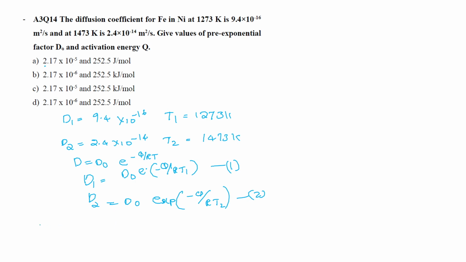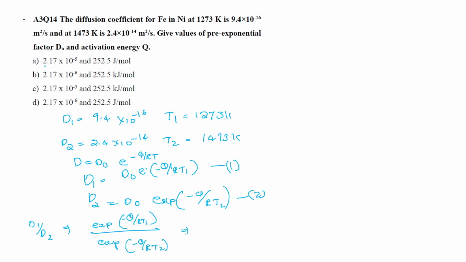Now you can do D1 divided by D2, so all the terms will cancel, only the exponential term will remain: exponential of minus Q divided by RT1 divided by exponential of minus Q divided by RT2.